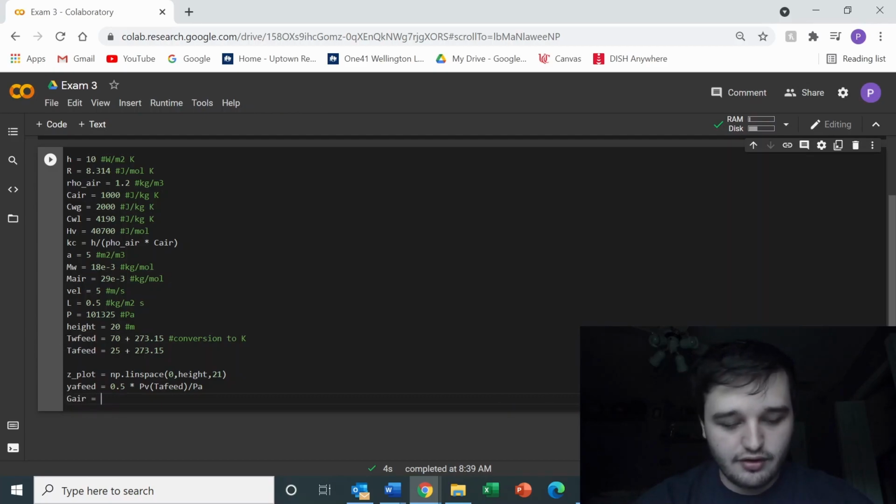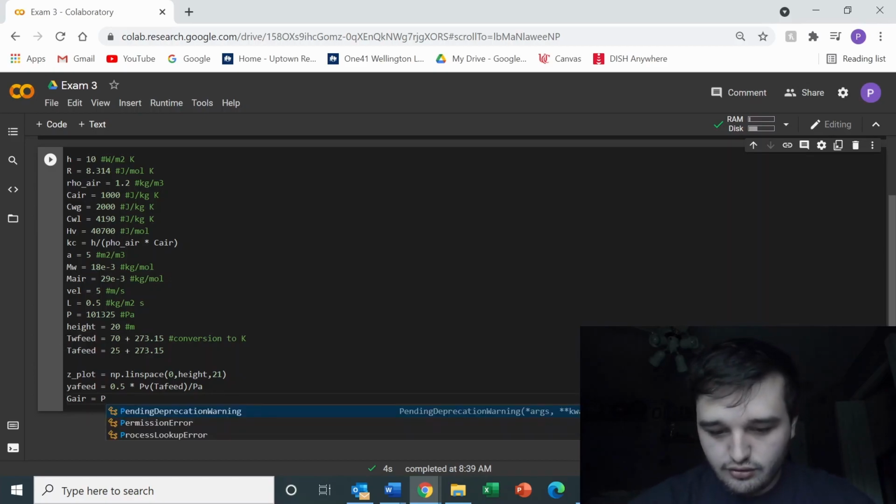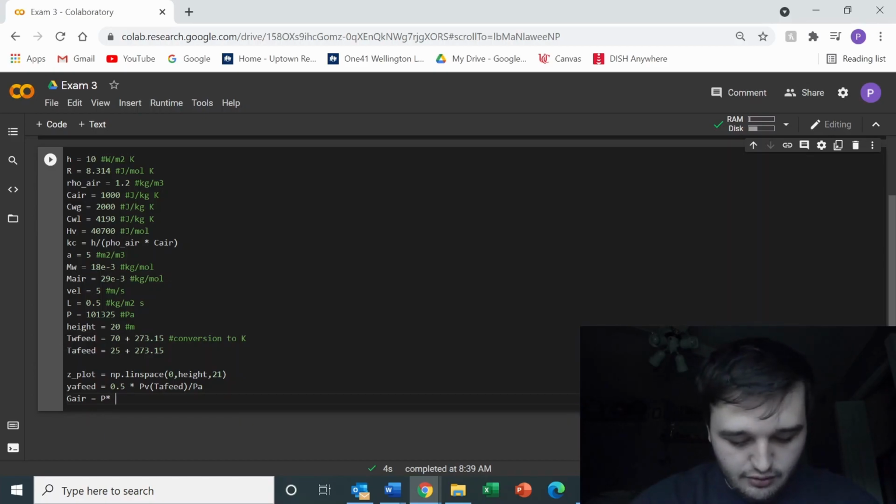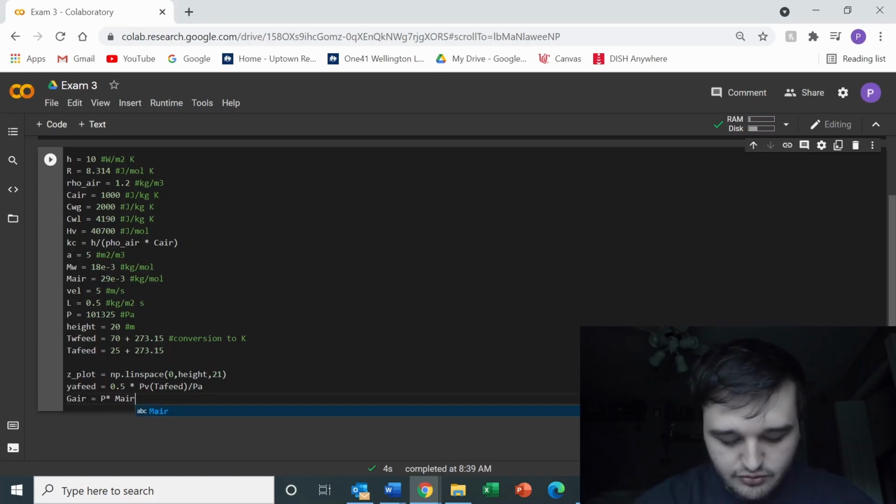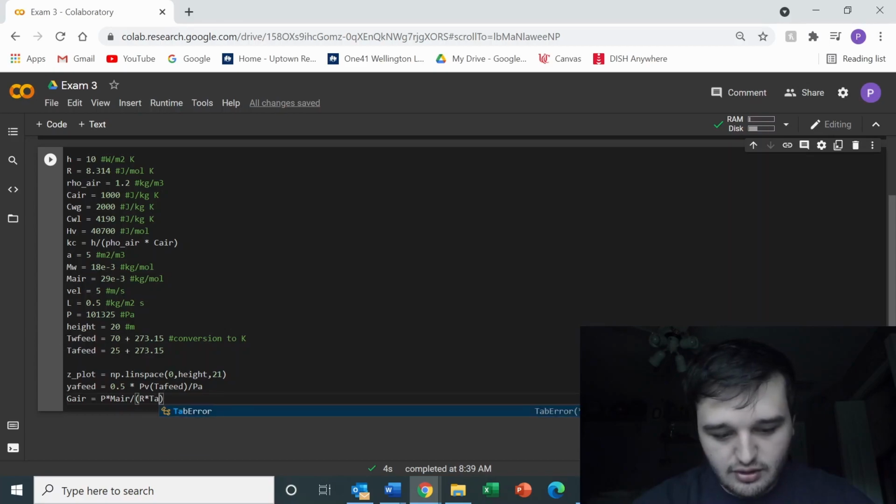So the gas flow rate of the air is equal to the total pressure times the molecular weight of air, divided by the universal gas constant times the temperature of the air coming in, TA feed, and then multiplied by the velocity at which it's coming in, which we were also given earlier.